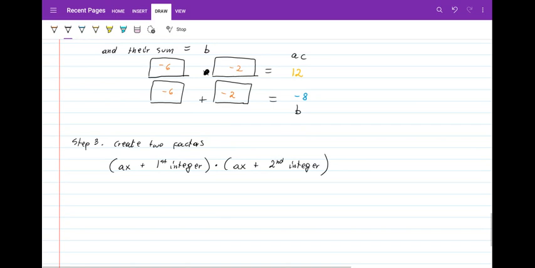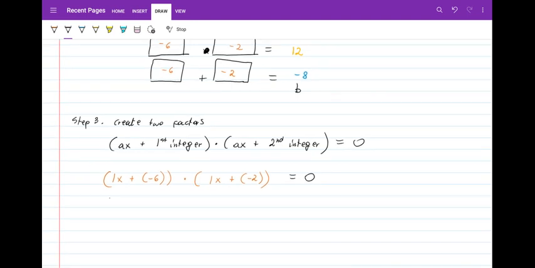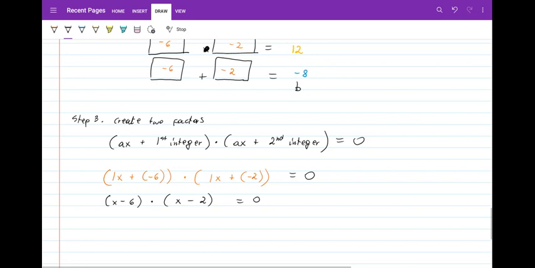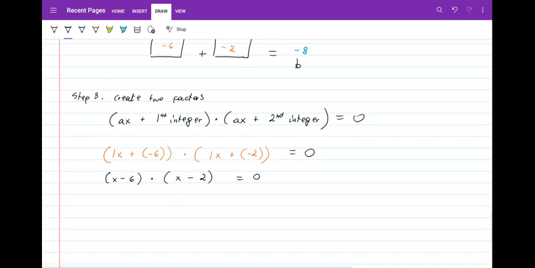Okay, so in our case, we have a, which is 1x plus first integer, which is negative 6, times 1x plus second integer, which is negative 2. Okay, I'll just put that equals 0. So let's just simplify that. So this is just x minus 6 times x minus 2 equals 0. So technically, we factor quadratic equation.